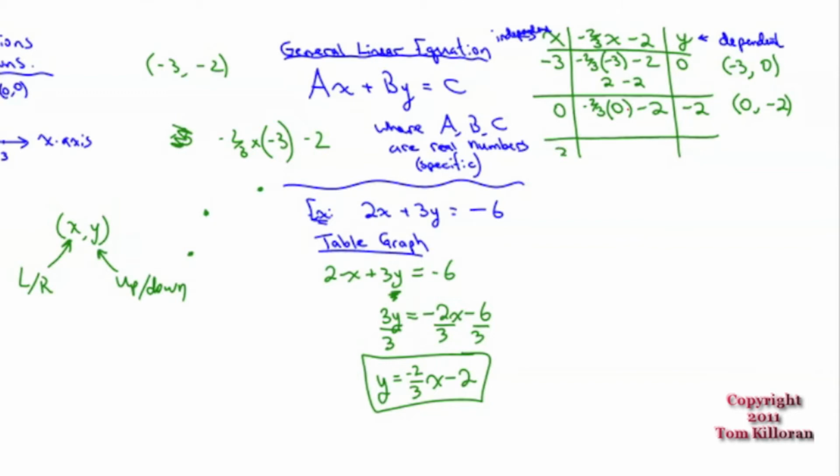Boring. 3. Negative 2/3 times 3 minus 2. Again, the 3's cancel out. What property? When you say cancel out, there's only one property that works. But it has 2 operations, addition and multiplication.